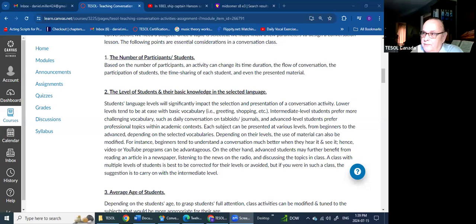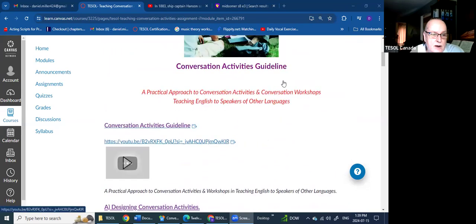Okay, so now I'm going to share my screen. And on the Canvas platform, we can see there's a section here called Conversation Activities Guideline.